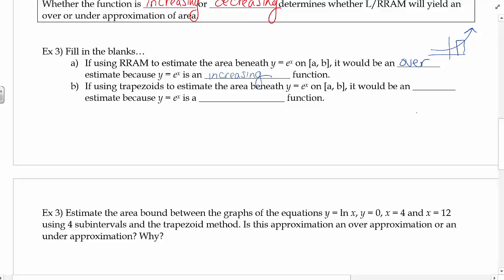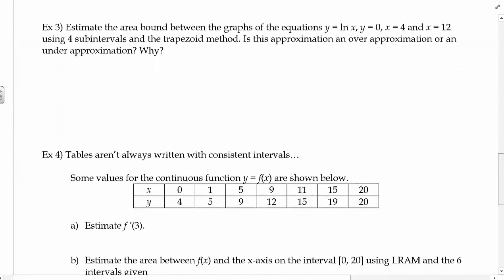If I use trapezoids on e to the x and I drew in 2 lines and then connected them, that is also going to be an over approximation because e to the x is a concave up function. Okie dokie. All right. So now let's do a little more.